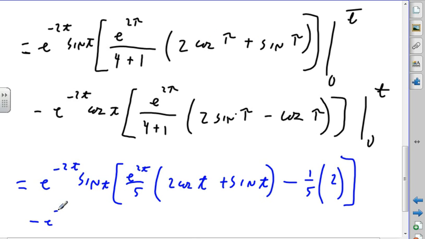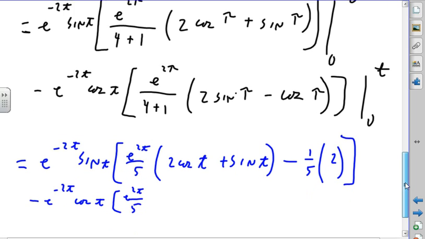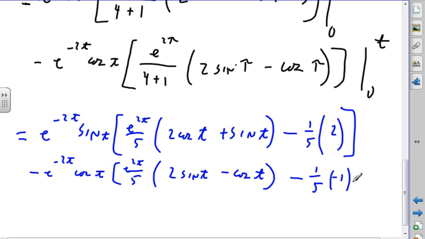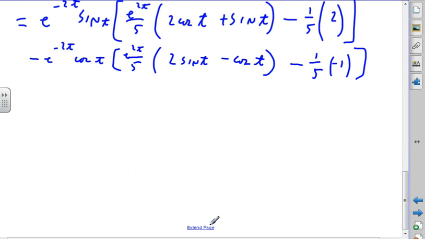Minus e to the minus 2t cosine t times e to the 2t over 5. I'm putting a t in, times (2 sine t minus cosine t), minus, I put in a 0, I get 1/5, and I get a minus 1.